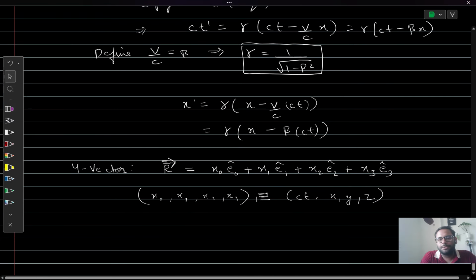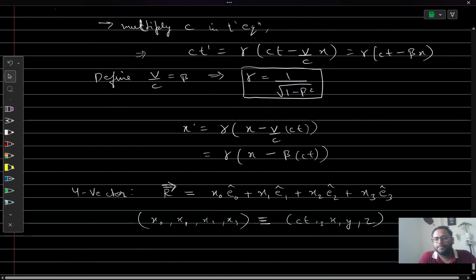These all are distances: if you consider t as time and c as speed, these all carry the dimension of distance.